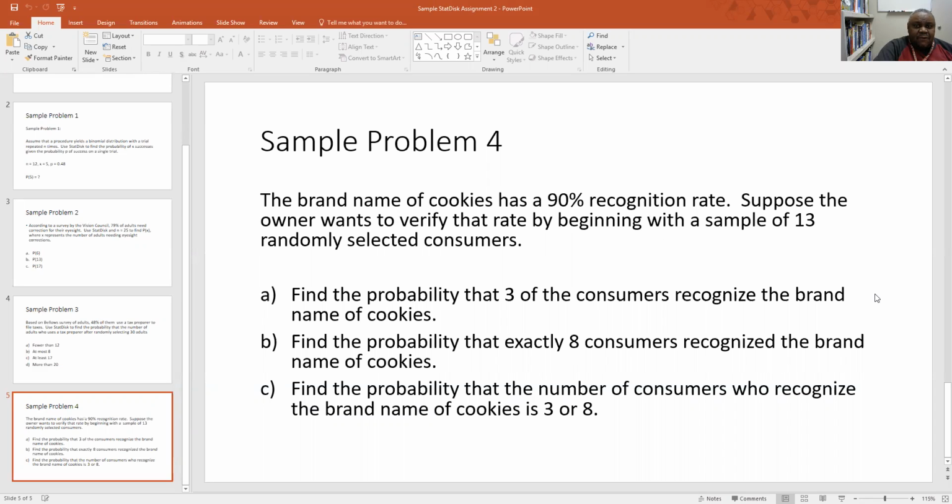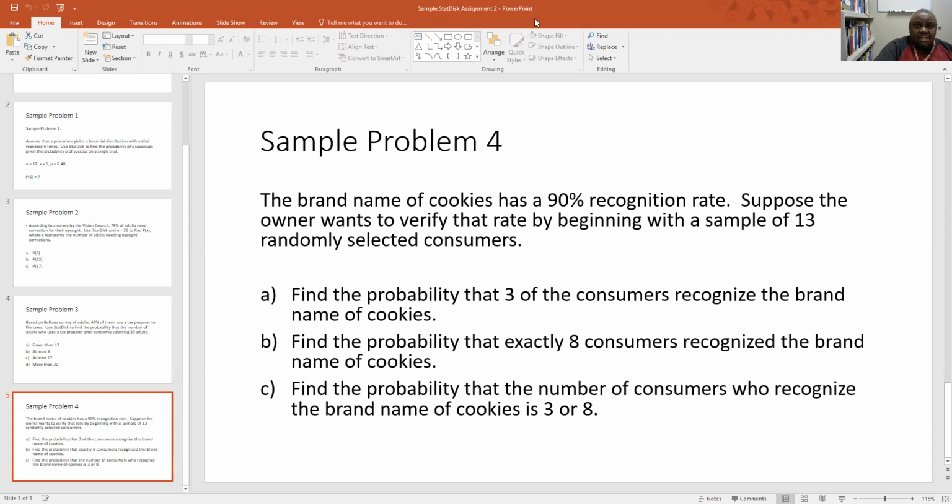Suppose the owner wants to verify that rate by beginning with a sample of 13 randomly selected consumers. Find the probability that 3 of the consumers recognize the brand name cookies. Part B, find the probability that exactly 8 consumers recognize the brand name of cookies. And then part C, find the probability that the number of consumers who recognize the brand name of cookies is 3 or 8.